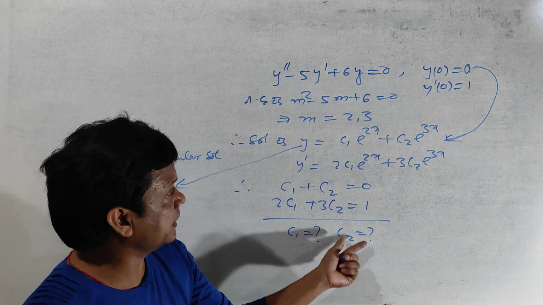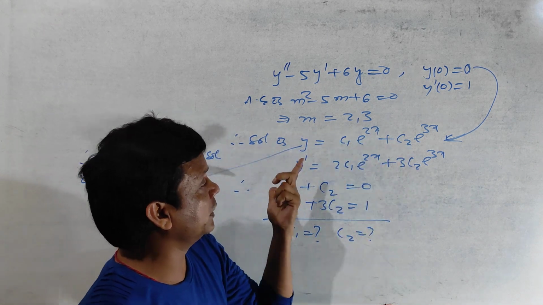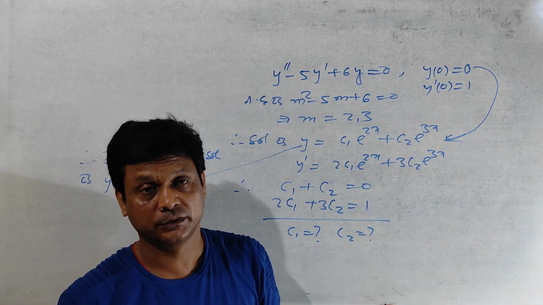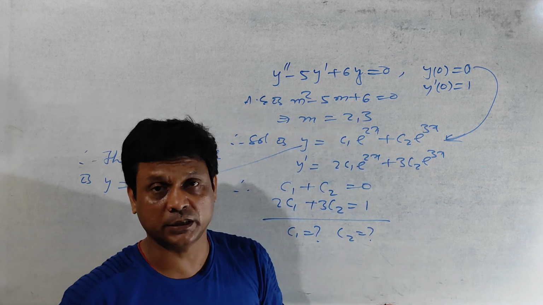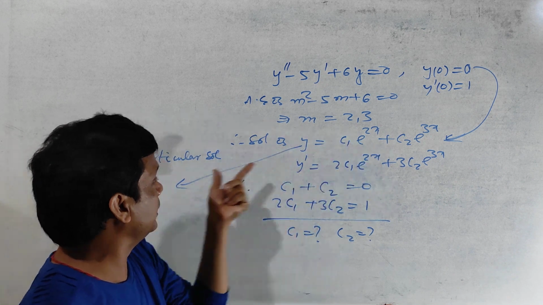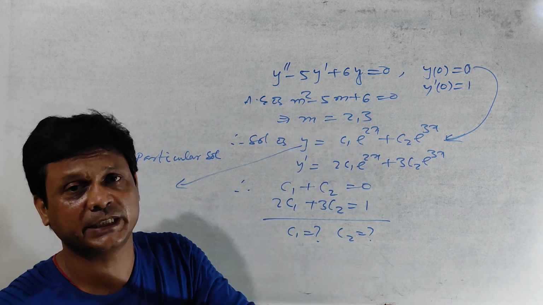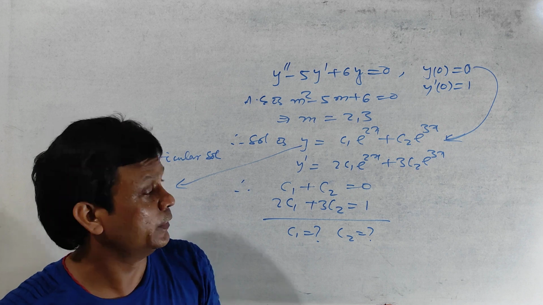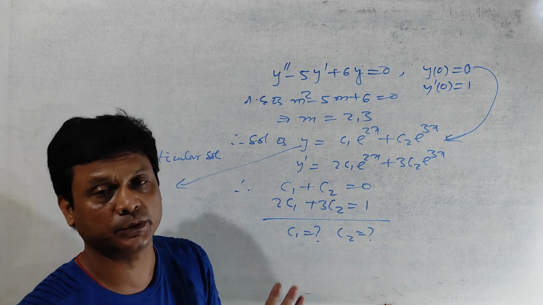After getting the value of c1 and c2, put here c1 and c2. You will get the particular solution. But this is the general solution. The solution which contains the arbitrary constants is called the general solution. And after putting the values of c1 and c2, the general solution becomes the particular solution. That means it is a particular case of the general solution when the value of c1 is this one and c2 is this one. Clear?